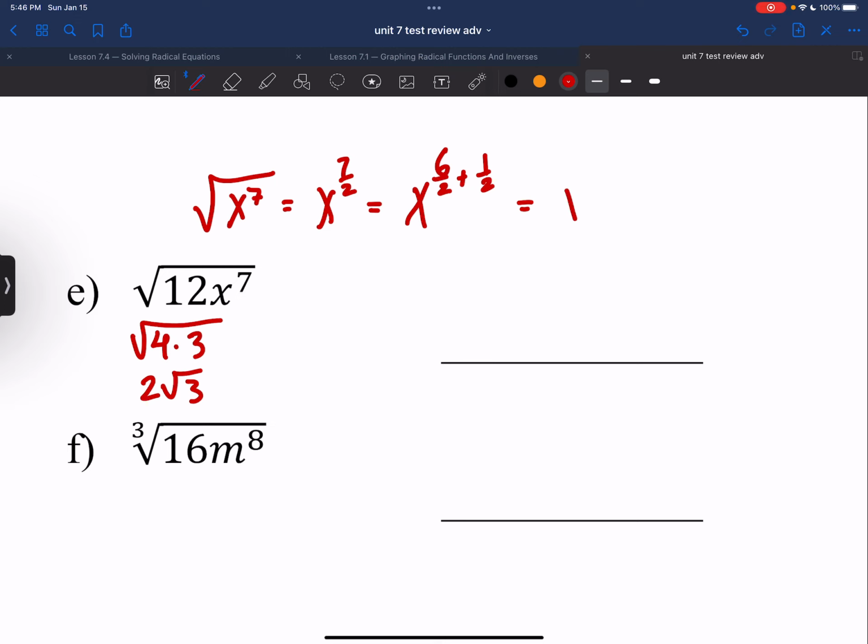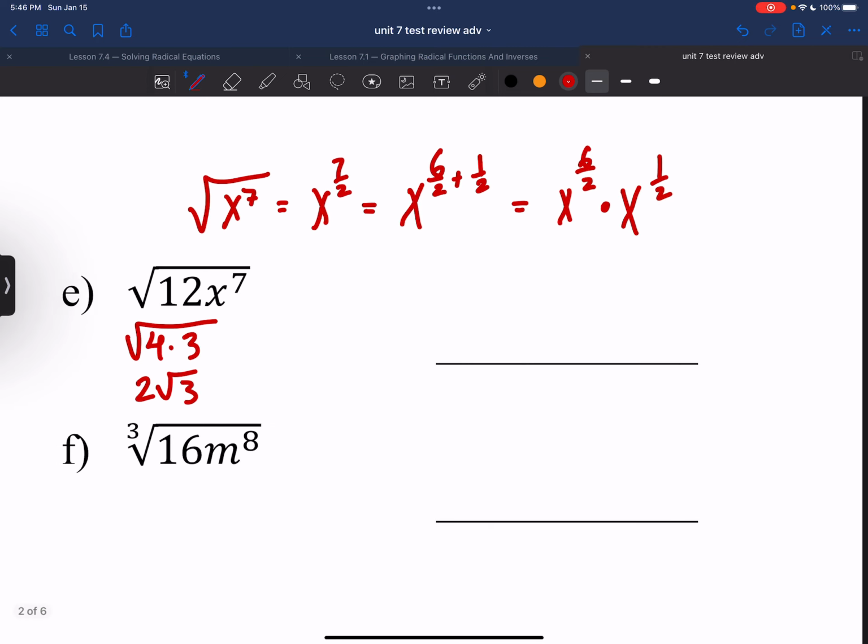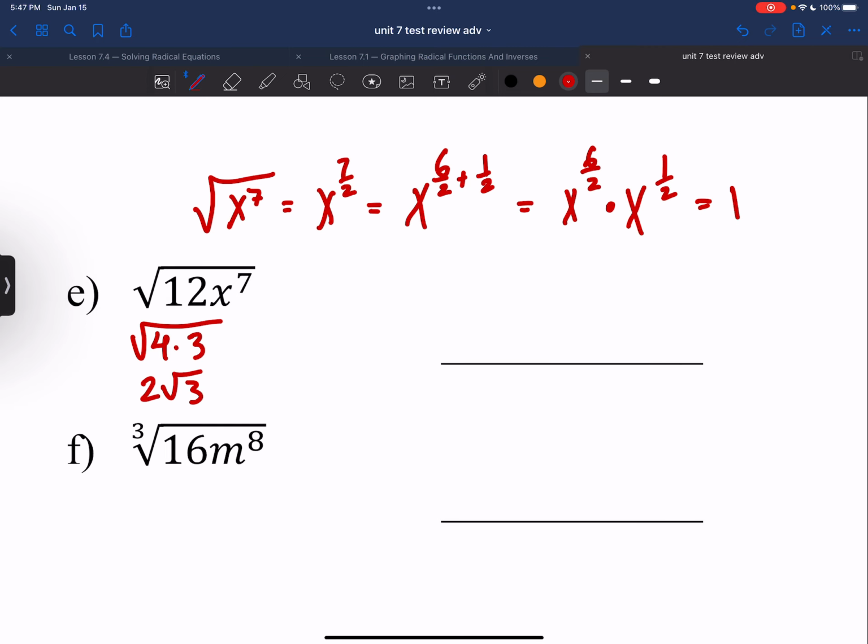So this is now x to the 6 halves times x to the half. I'm just using rules of exponents here, which is now x cubed times x to the 1 half. I am taking an even root, so I should probably include the absolute value bars there. Yeah?